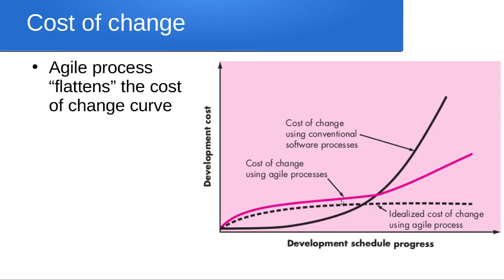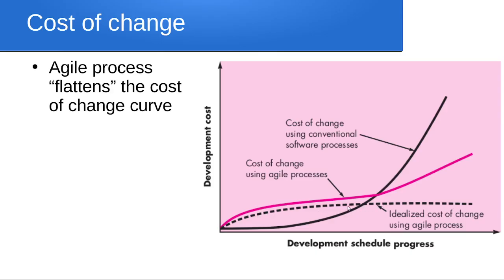However, if we are using an agile process, we will have to see what happens. But before seeing, let me tell you what we want. This is the idealized cost of change using the agile process. What we want is a process in which, definitely after some time there will be some more cost, but after that it should be constant.